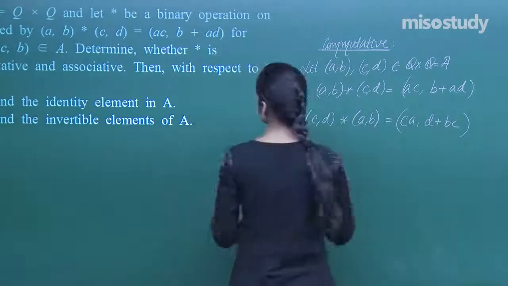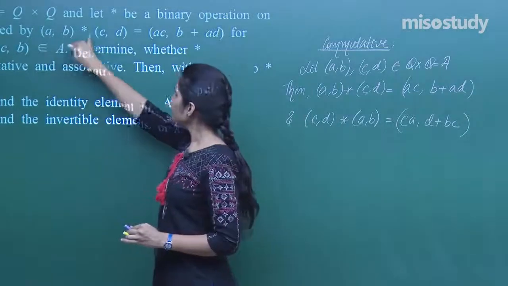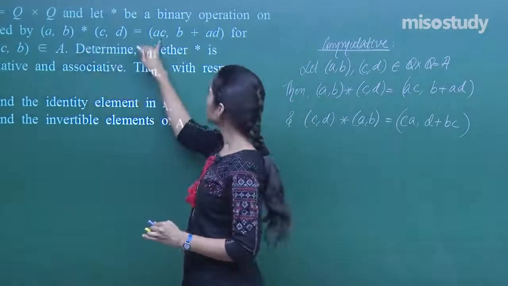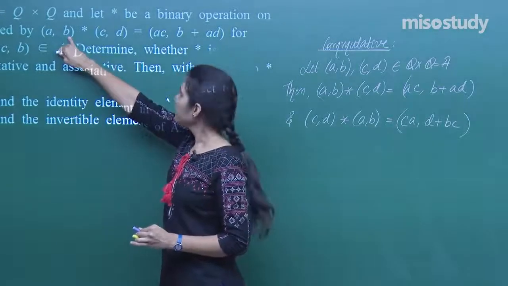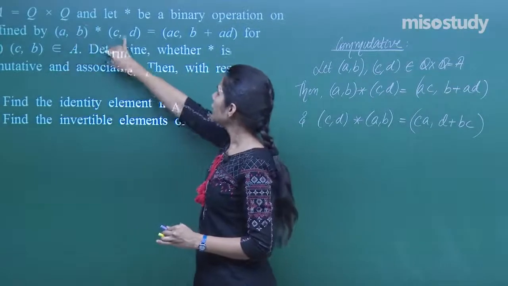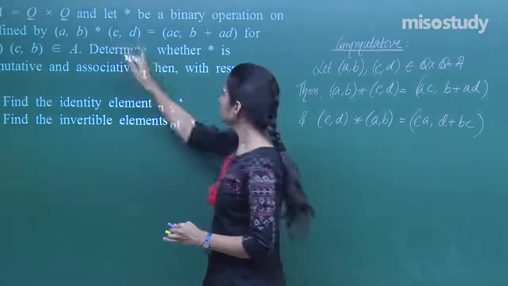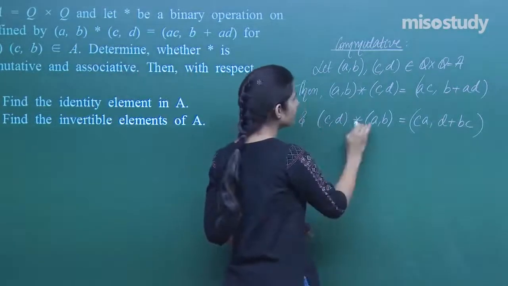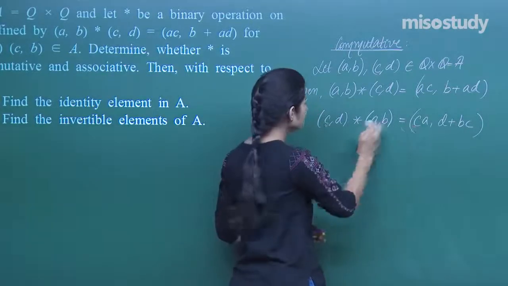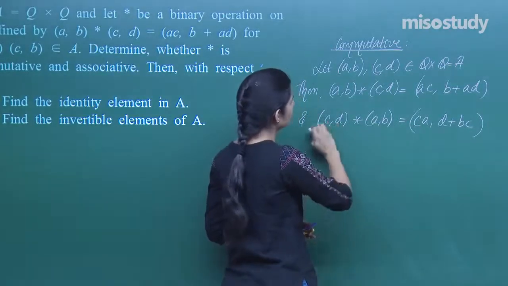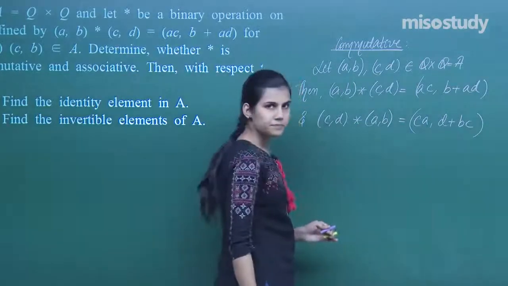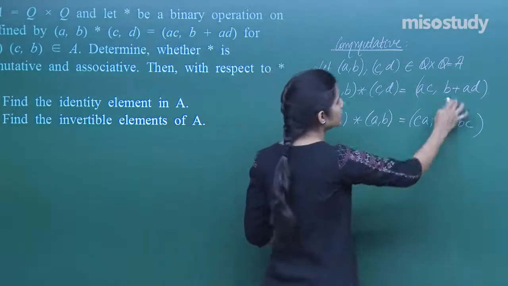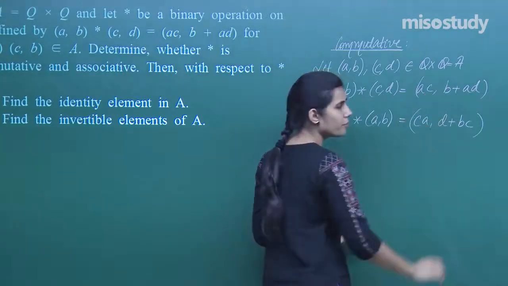That is what the definition is, basically. Multiplication of the first coordinate with the first coordinate sits over here as the first coordinate. Then the second coordinate of the first pair plus the product of the first coordinate and the second coordinate. Here also I have done the same thing. You have this, and therefore you can clearly see ac is equal to ac, not a problem.